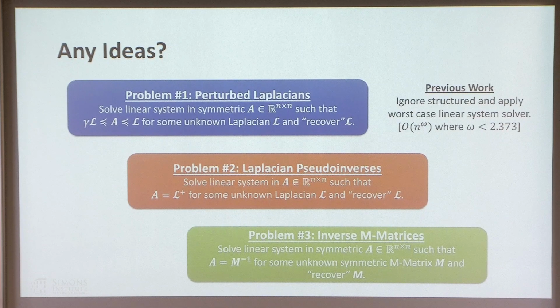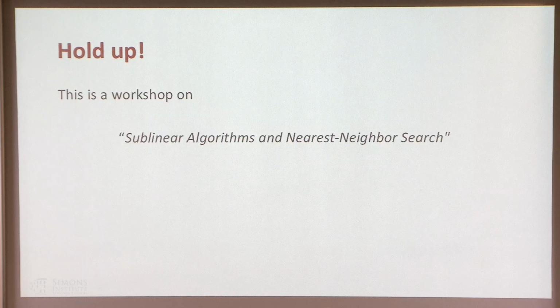All right, so hopefully most of you are thinking hard about how to solve these systems. Some of you might also be asking a rather natural, obvious question about the elephant in the room. You might be asking, wait a second, hopefully I've convinced you these are interesting problems and they seem worthwhile to solve, but isn't this a workshop on sublinear algorithms and nearest neighbor search?